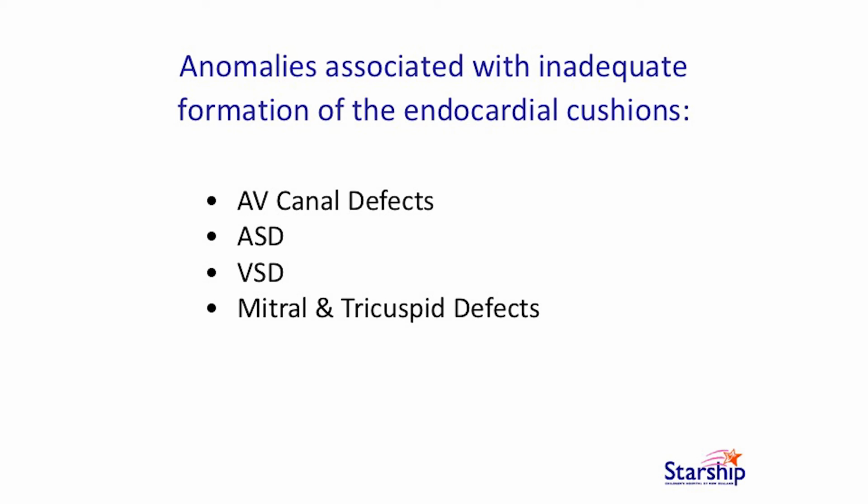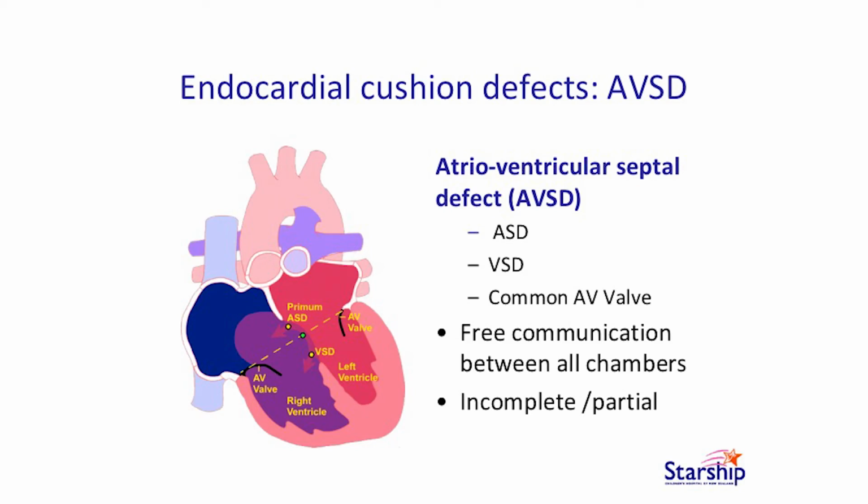There's also anomalies associated with inadequate formation of the endocardial cushions, like AV canal defects, ASDs and VSDs can be included there, and mitral and tricuspid valve defects. So endocardial cushion defect just is one example of atrioventricular septal defect.